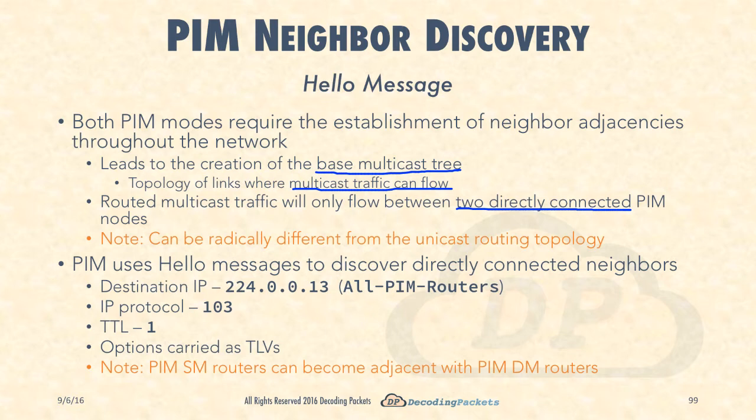If you look back at our earlier PIM lectures, you will realize that PIM essentially uses this unicast routing topology information to really build its own routing databases, because PIM doesn't really exchange any routing information, only signaling, and it uses the unicast routing table information.